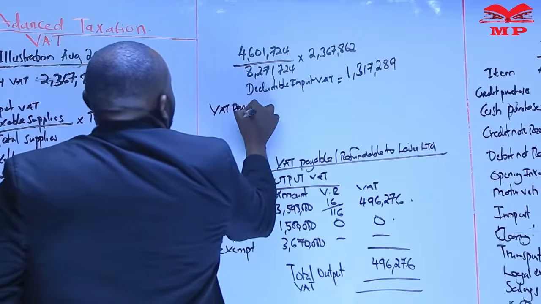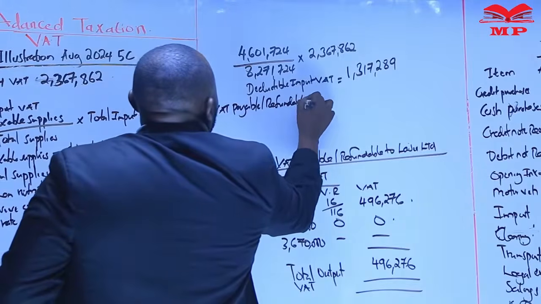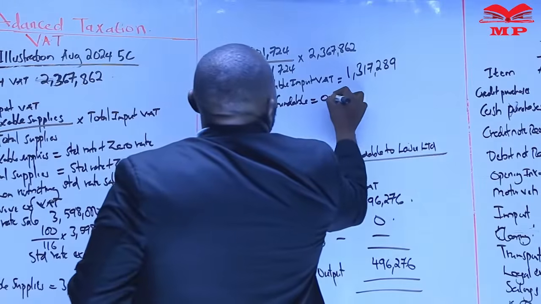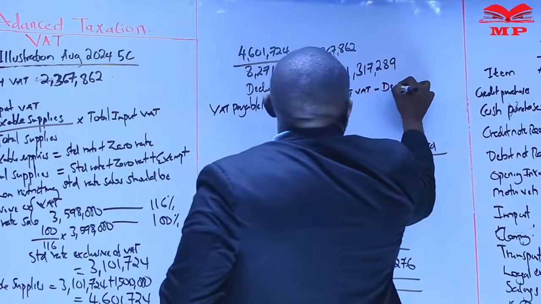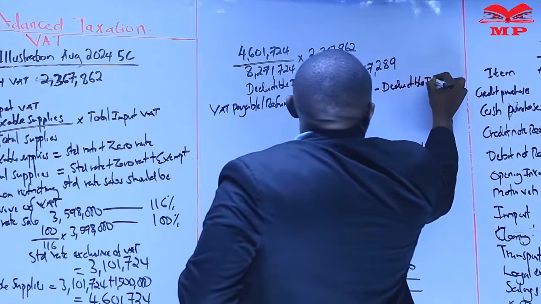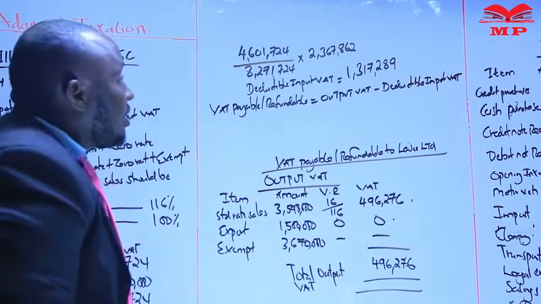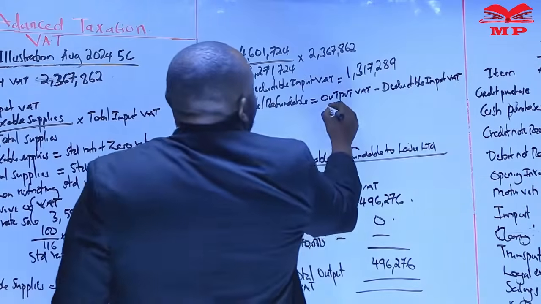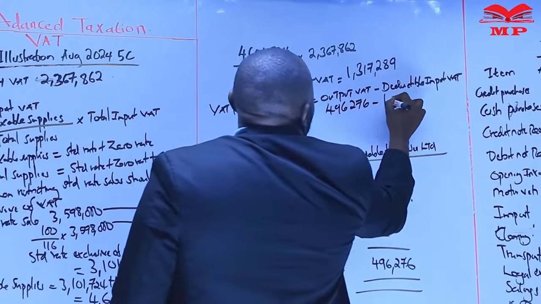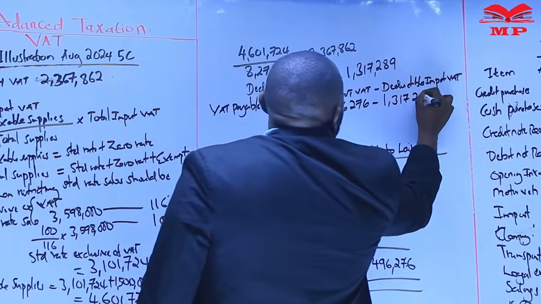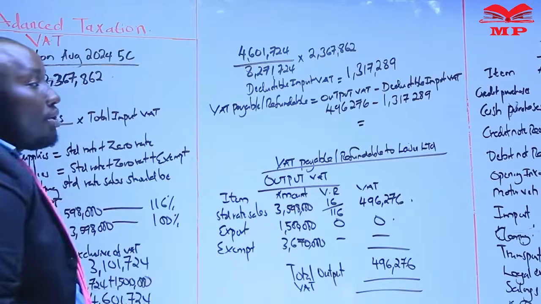So then we can get VAT payable or refundable. That should be output VAT minus the deductible input VAT. We have the output VAT here, that should be 496,276 minus 1,317,289. This is basically a refund. When you say VAT payable, you put it into brackets.